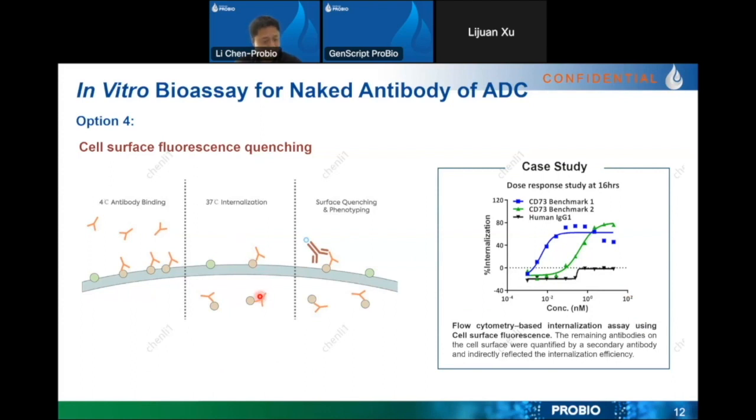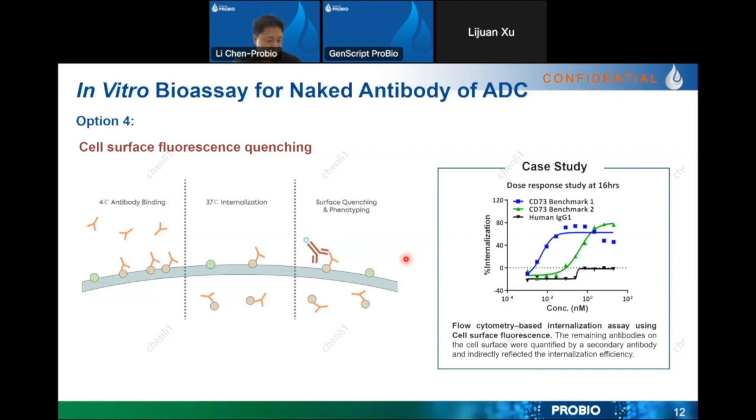And the amount of the cell surface binding antibodies will be measured by typical fluorescent secondary antibodies. The signal difference reflects the relative amount of antibodies entering the target cells.